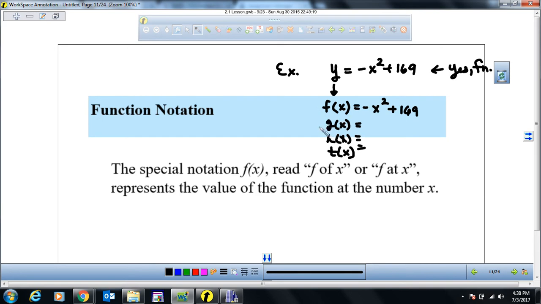This one is a function called g containing the variable x in it, and so on. So once again, f of x, g of x, h of x, or t of x represents the value of the function, which in other words means the value of y at any number x. That's what it tells you right here.